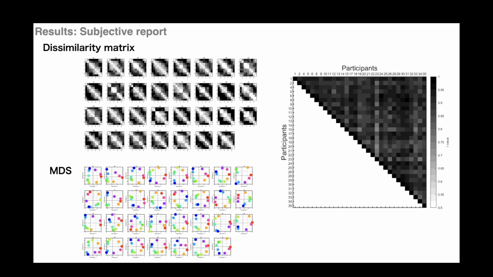So here it looks like their similarity ratings are quite similar between individuals. But if we look at them carefully, subject number 23 looks a little bit brighter. In that case, this participant was this one. And then you see the spatial arrangement a little bit different from others, okay?